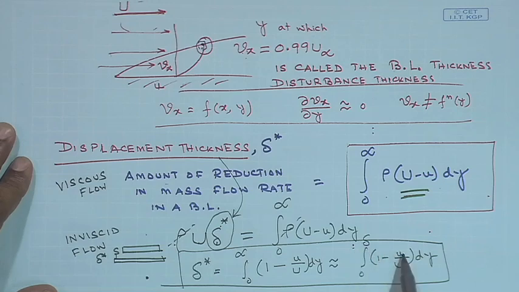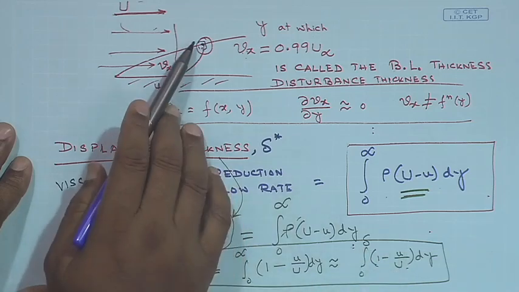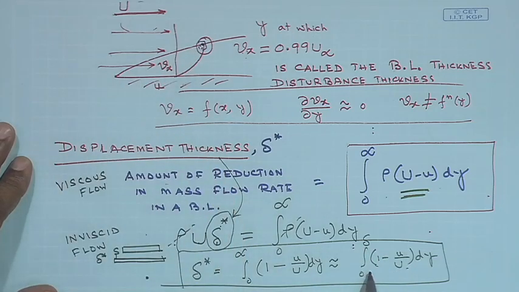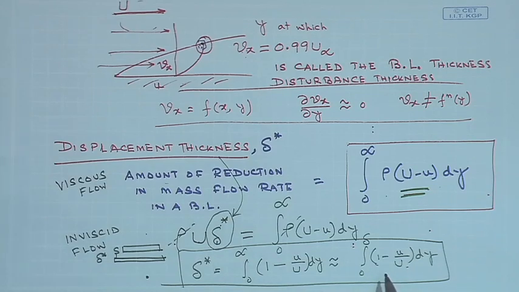As I reach delta, u starts to become close to capital U, and therefore the contribution of all these terms near delta essentially becomes insignificant.